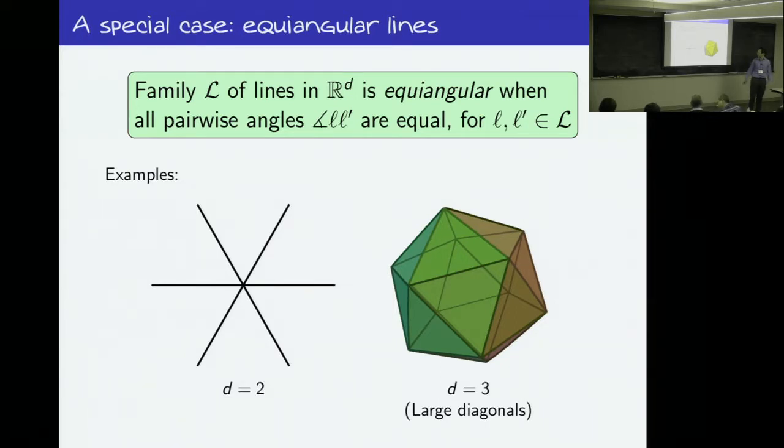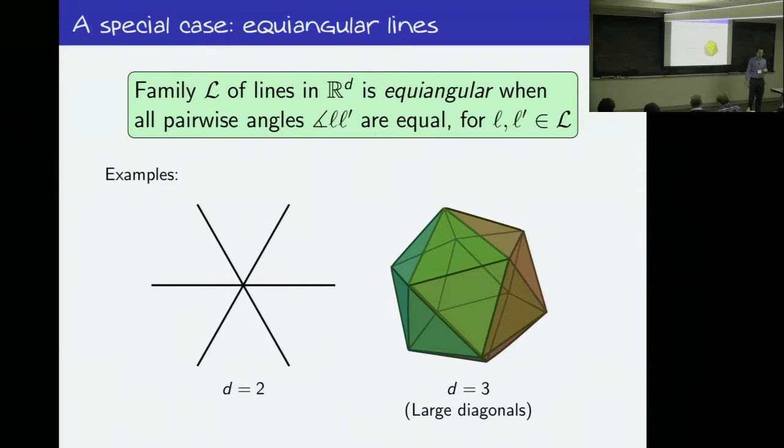And again, examples. There are pictures in dimension 2 and 3. In dimension 2, you can make two equiangular lines very easily, just anything really. But you can make 3 by taking the regular hexagon and drawing large diagonals. And you're going to get a picture on the left. And it's easy to see it will be the largest you can find.